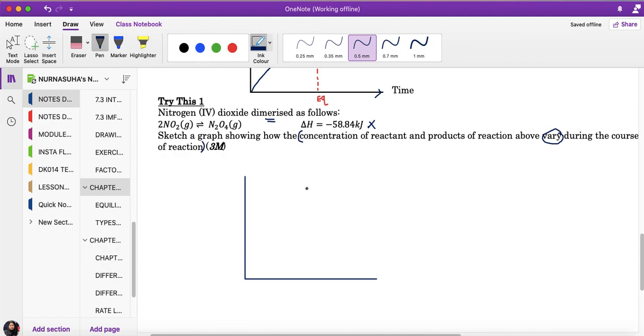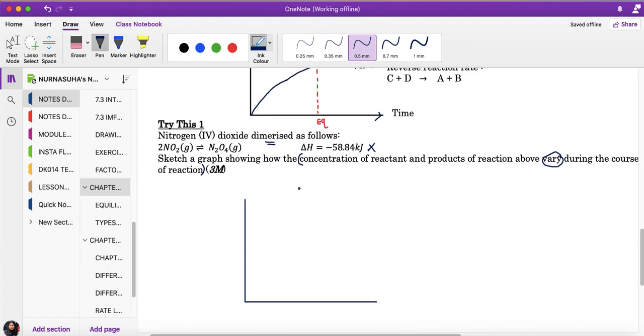Okay, next. Okay, don't forget to label. Jangan buat saja label, letak ni. So this is concentration. You can use the square bracket symbol. Concentration versus time. Okay, time is T lah. Dia tak ada mention time dalam apa. So, biarkan macam ni je.